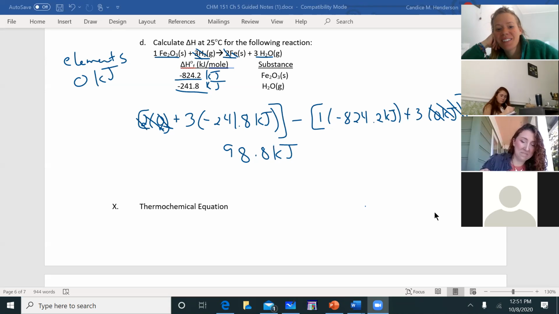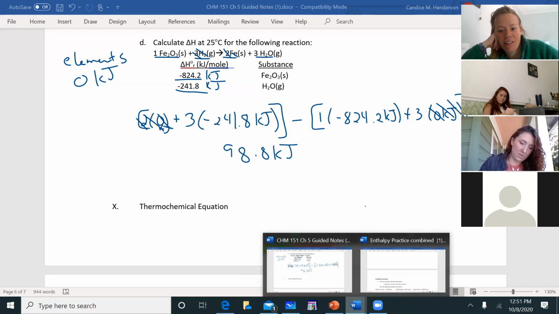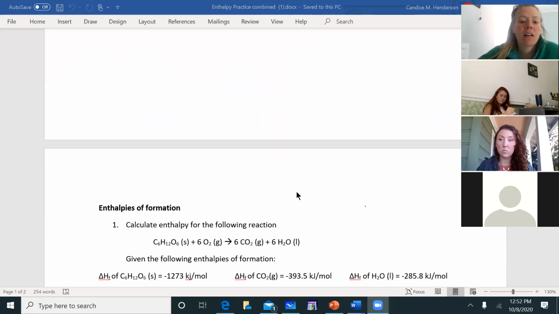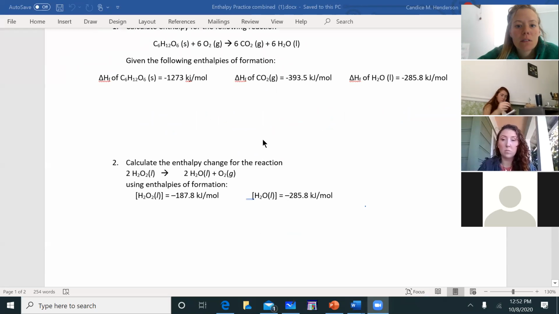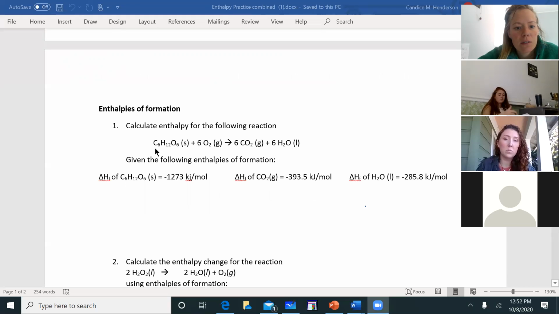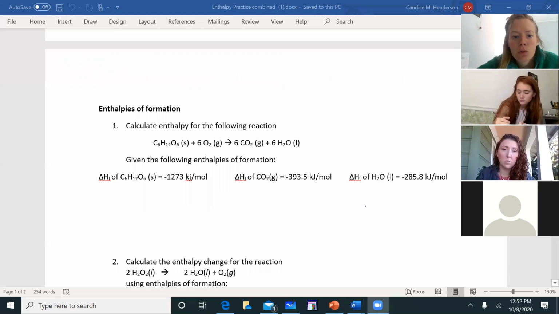We'll do another 1 or 2 of them, okay? Let me pull out my other sheet here. Okay, we'll do this one here. That looks like C6H12O6, looks like sugar or glucose.